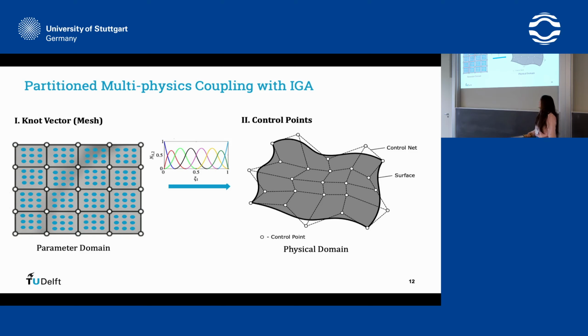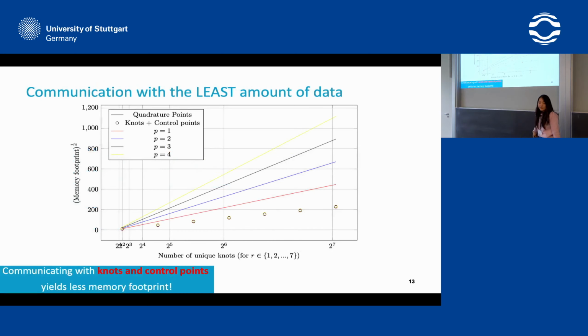And it's very clear that the number of knots and control points here is way less than the number of quadrature points. So that's why we derived this curve.